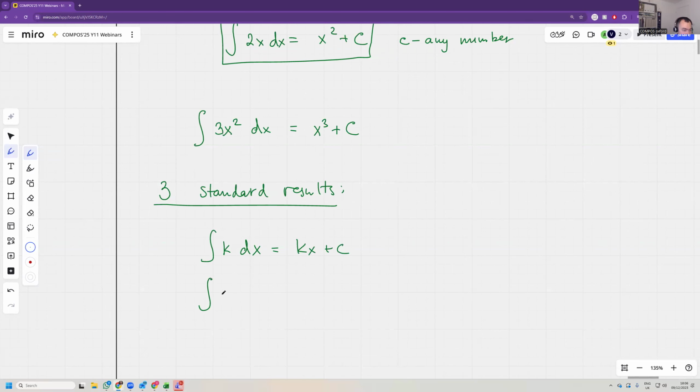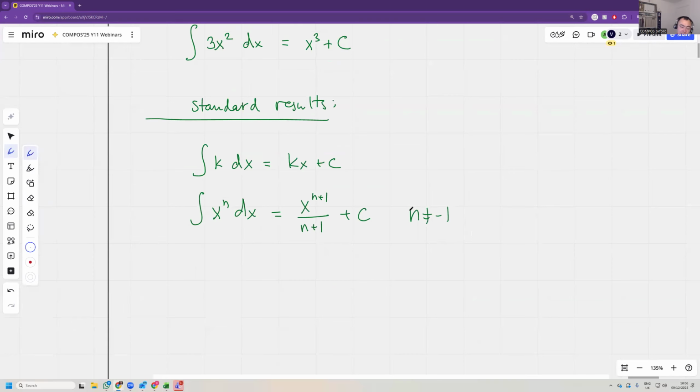The integral of x to the power n is x to the power n plus 1, divided by n plus 1, plus c. It is important to note that n is not equal to -1, because if n does equal -1, then you're dividing by 0. So this formula does not work for n equals negative 1.